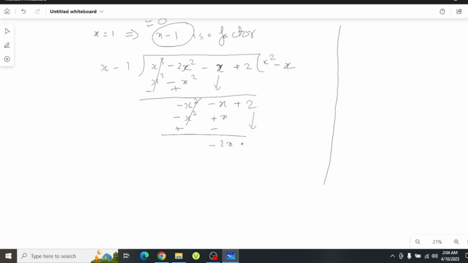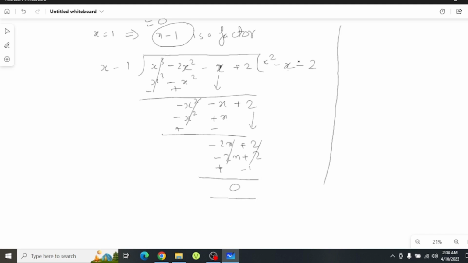Just copy the other term, plus 2. Minus 2x and plus 2. Change the sign. This will become negative. So we can cancel out both, and the remainder will be 0.